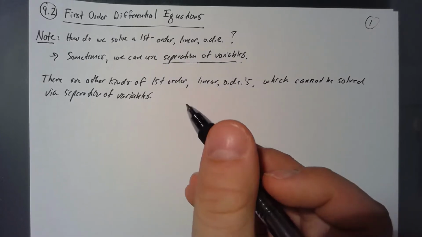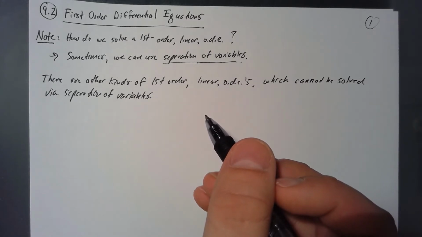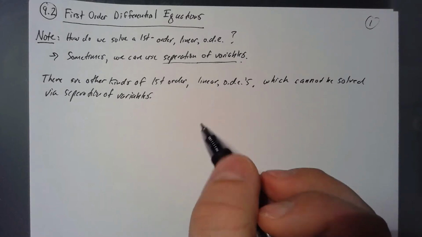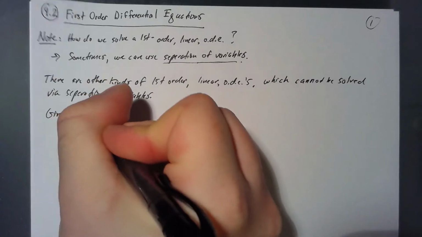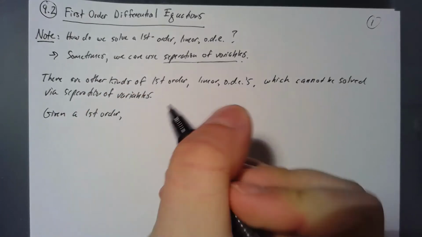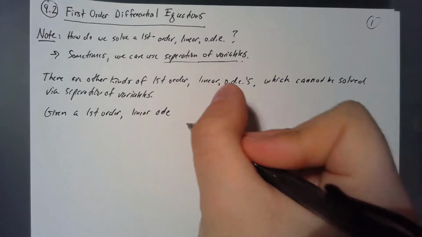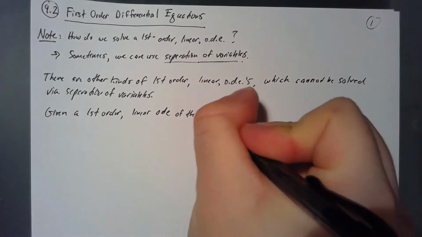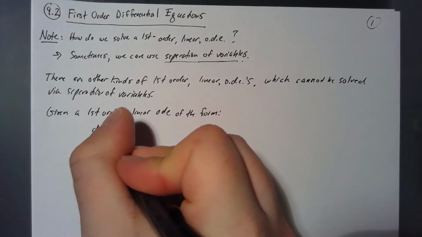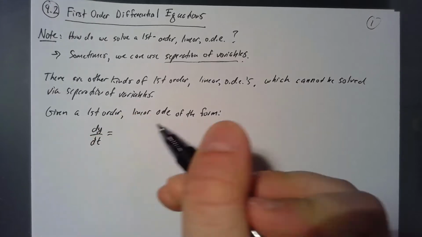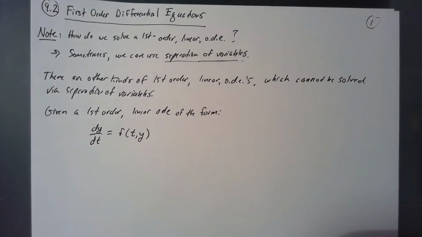So the ones that we're talking about primarily, if I am given a first-order linear ODE of the form, so I have dy/dt equals a function of the variables t and y, right?